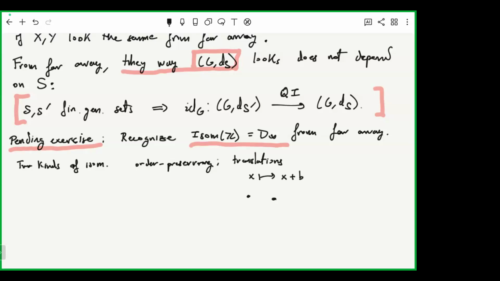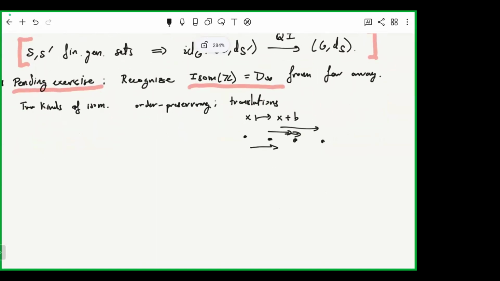And then there are the order-reversing, orientation-reversing isometries. These are symmetries. For a symmetry, we would have one center. Let's say this is the center of the symmetry, and then these two are interchanged, this one is fixed, and so on.